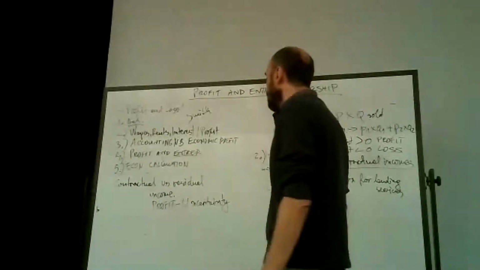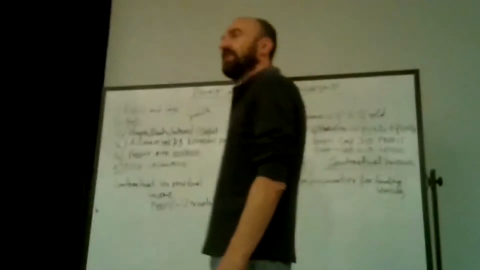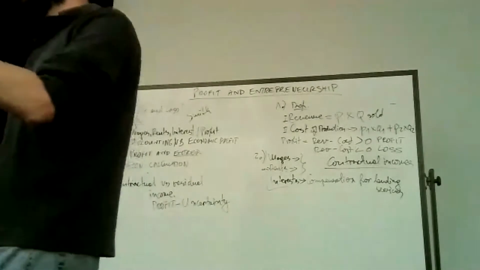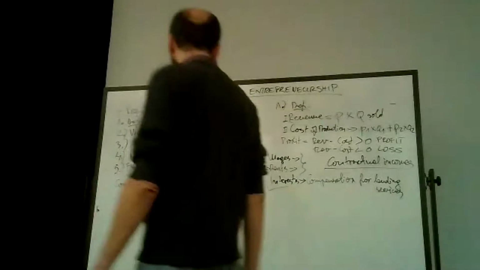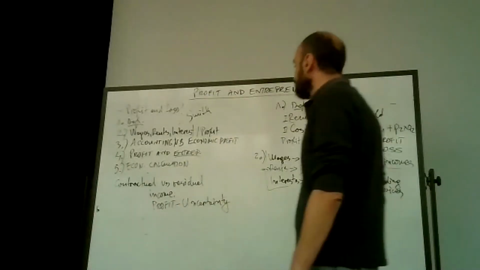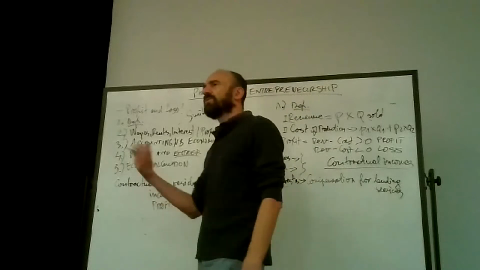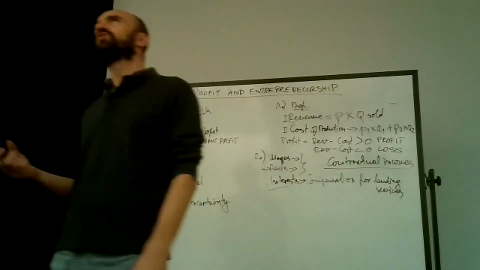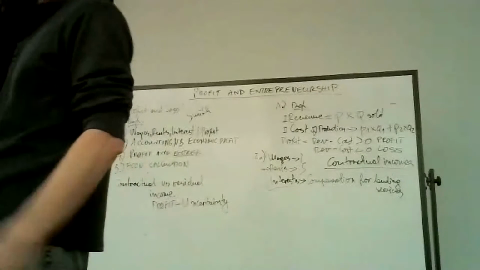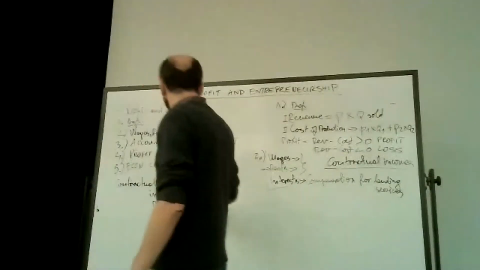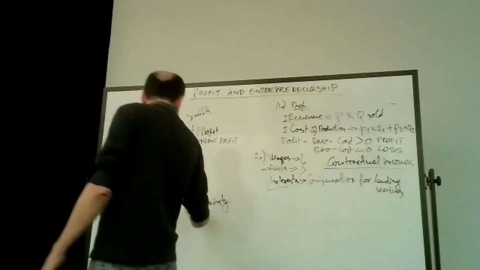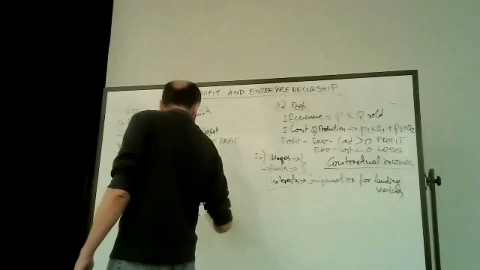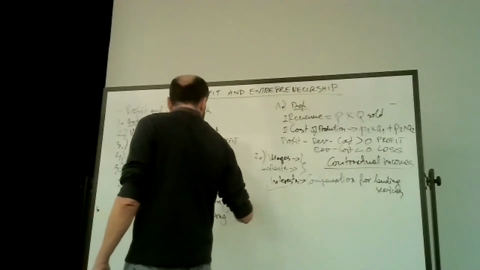So the main characteristic or the main aspect of profit is compensation to entrepreneurs for successful uncertainty bearing. Now, the more usual term that is commonly utilized in this context is risk taking.